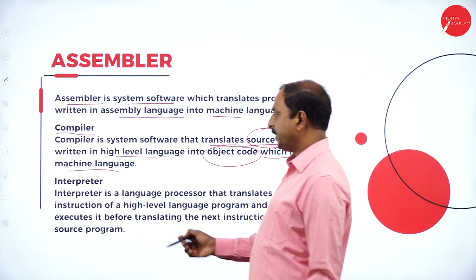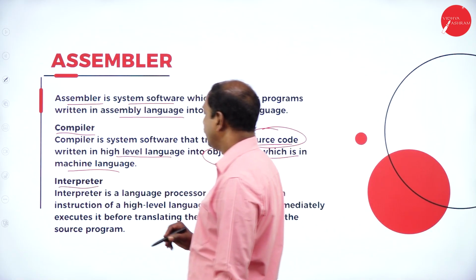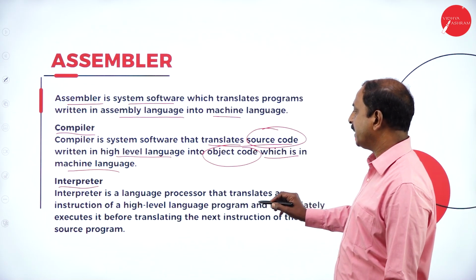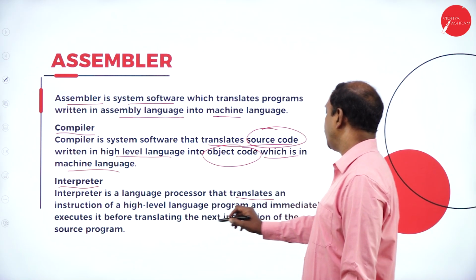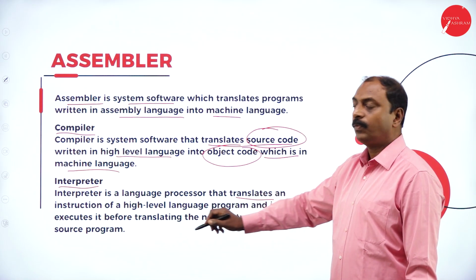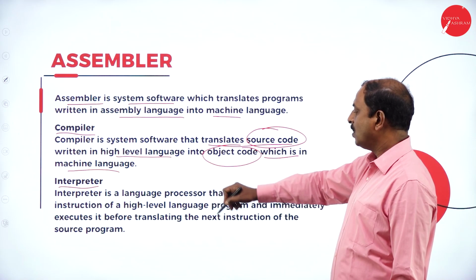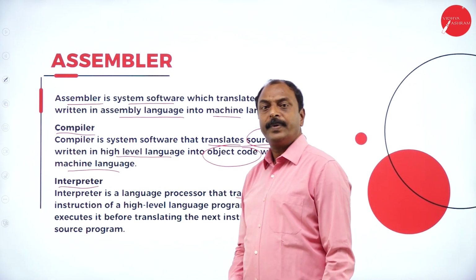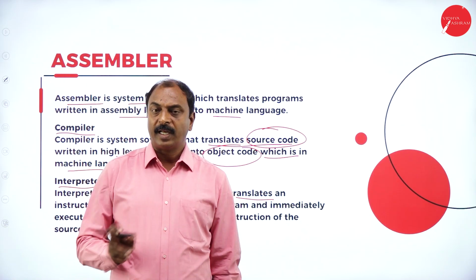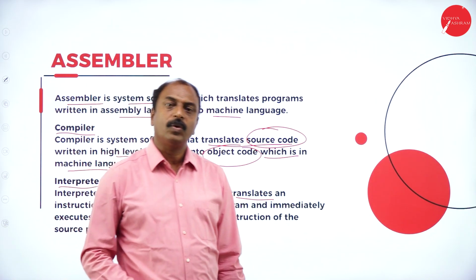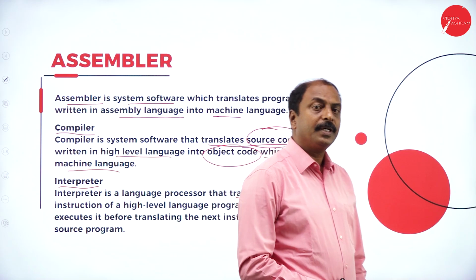The next one is the interpreter. An interpreter is also a translator, and it translates the instructions of a high level language into machine level language. But what is the difference between these two? A compiler translates the entire program at once and generates one object code. An interpreter is not like that.